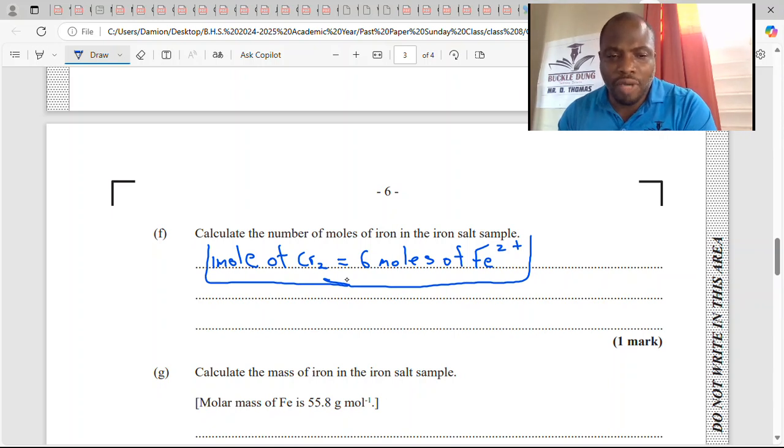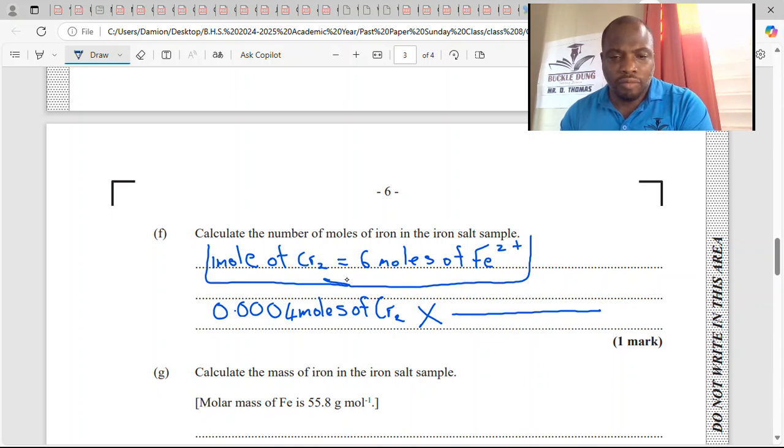So I know I had 0.0004 moles of dichromate, going to be multiplying that. Even as a student, if you're a math person, you'll see it.